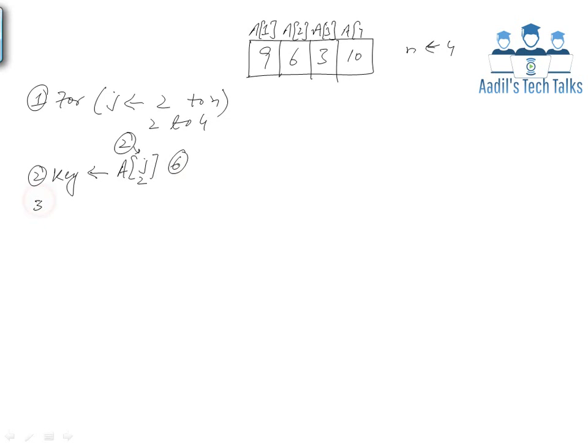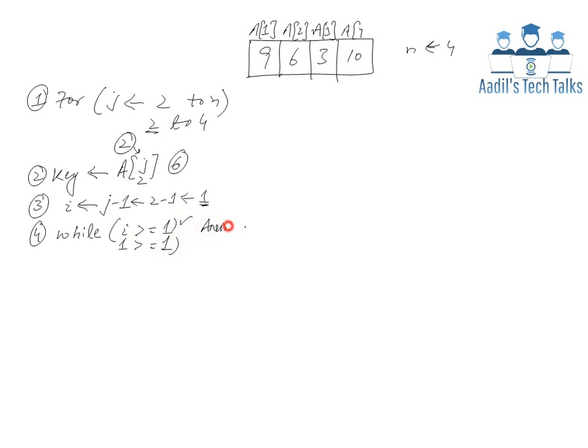Step number 3, i gets j minus 1. As j is 2, so i is 2 minus 1, so i is 1. Now step number 4, while i is greater than or equal to 1, the value of i is 1. 1 is greater than or equal to 1, yes, condition is true.